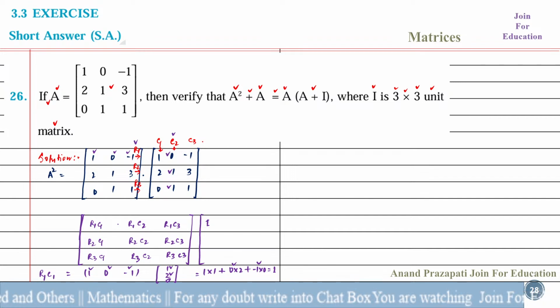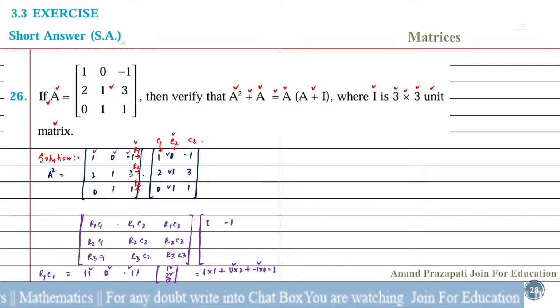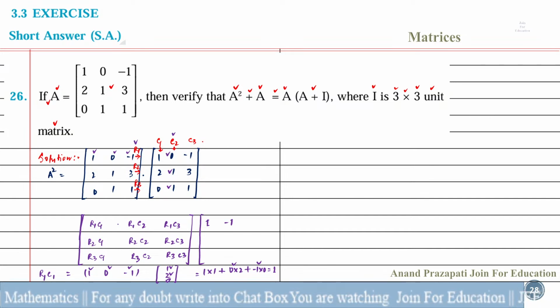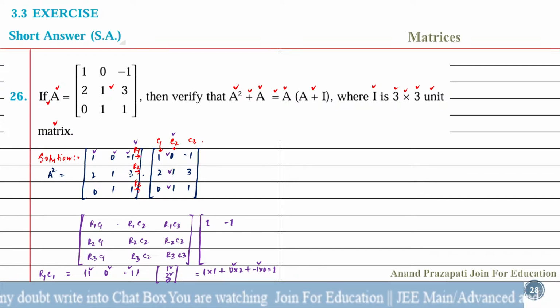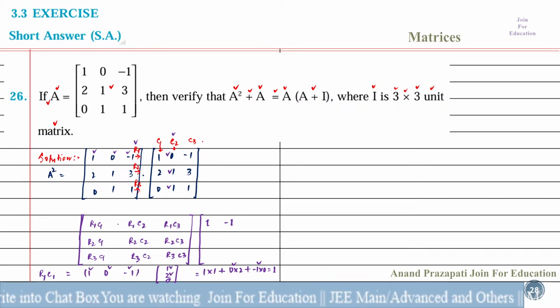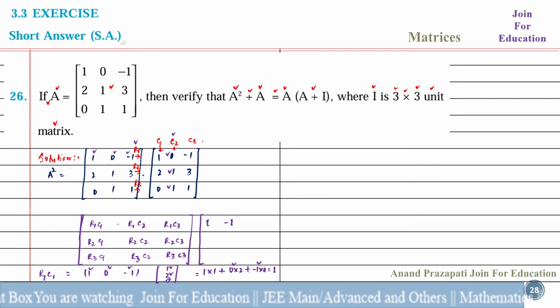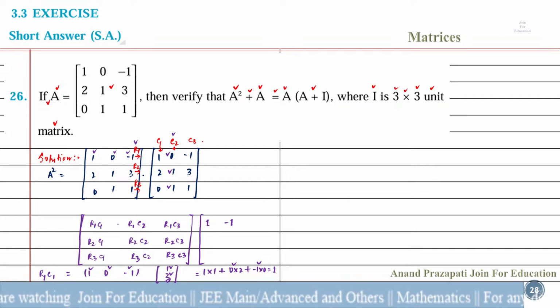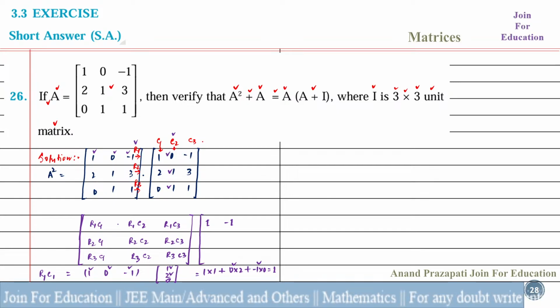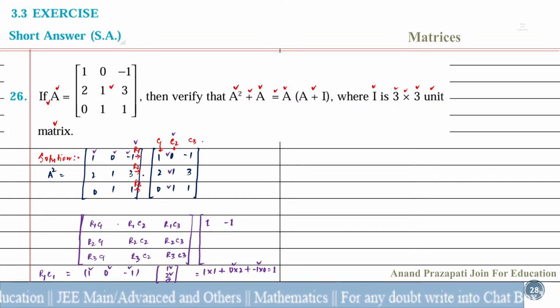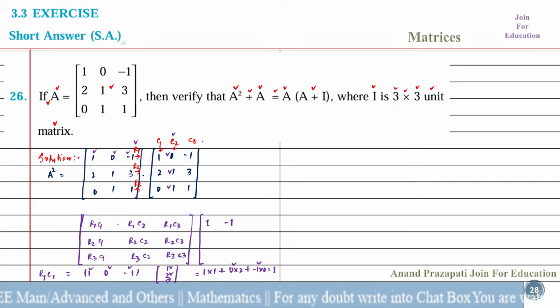So here will be minus 1. Similarly, R1 C3, it means that 1 into minus 1 equal to minus 1, 0 into 3 equal to 0, and minus 1 into 1 equal to minus 1. So here will be minus 2.